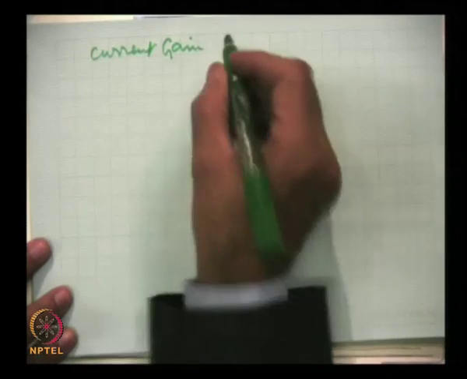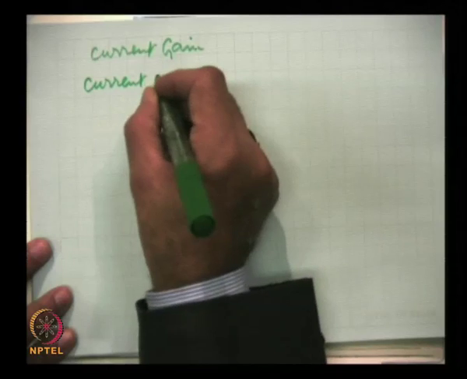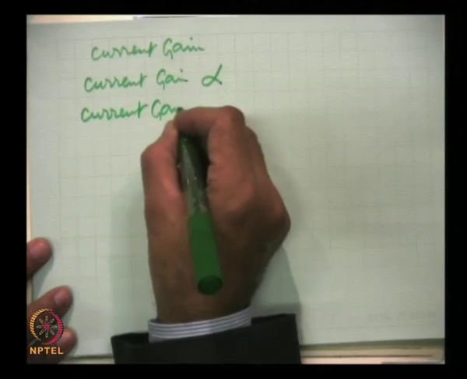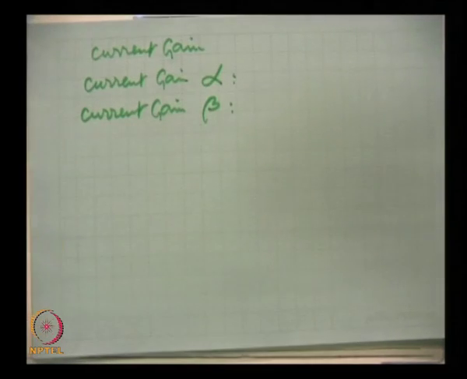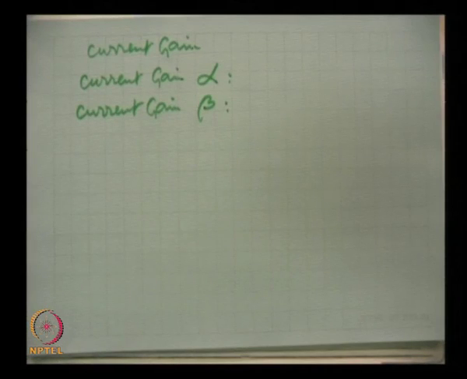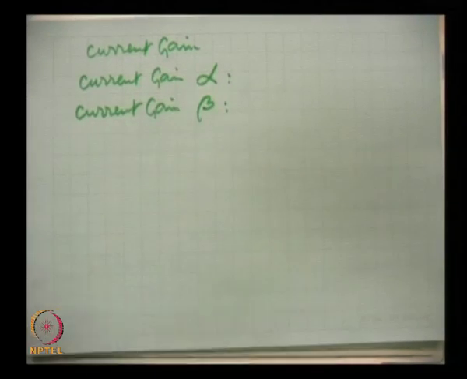Current gain alpha and current gain beta. Alpha and beta, these are the two current gains which we encounter when we talk of transistor. We will talk about these current gains, alpha and beta.